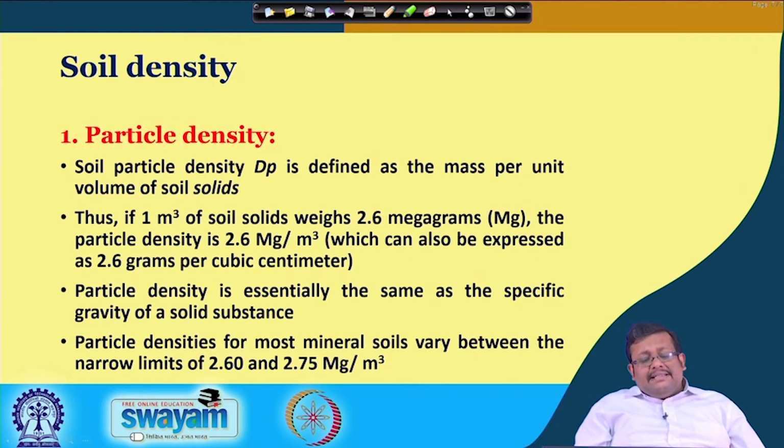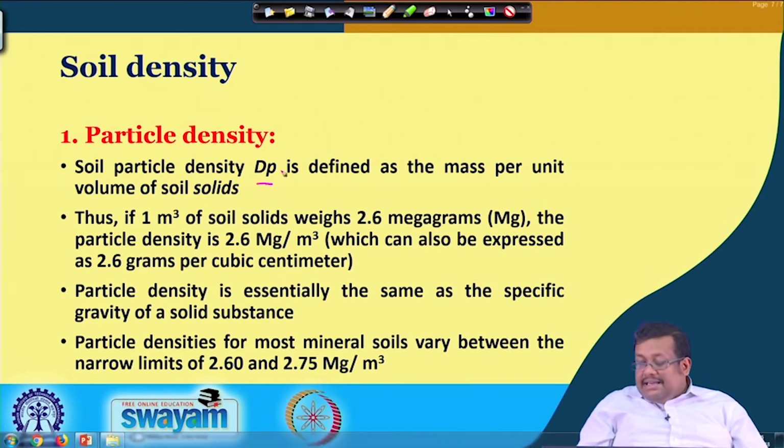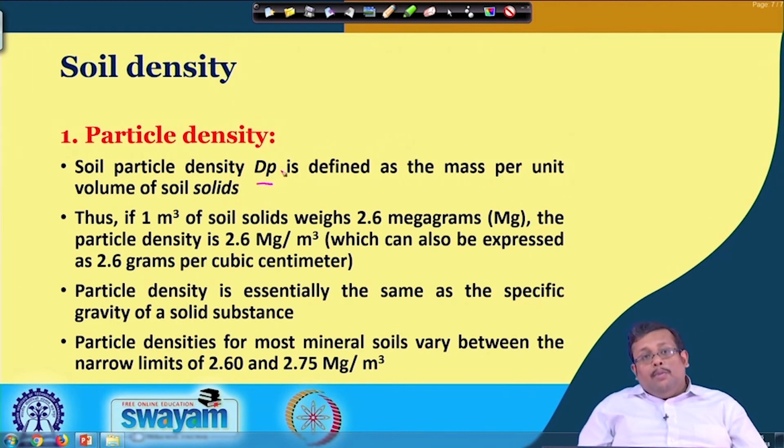So, particle density, or generally we term it as dP, is defined as the mass per unit volume of soil solid. So, if 1 cubic meter of soil solid weighs 2.6 megagrams or 2.6 tons, the particle density is 2.6 megagram per cubic meter, which can also be expressed as 2.6 gram per cubic centimeter.